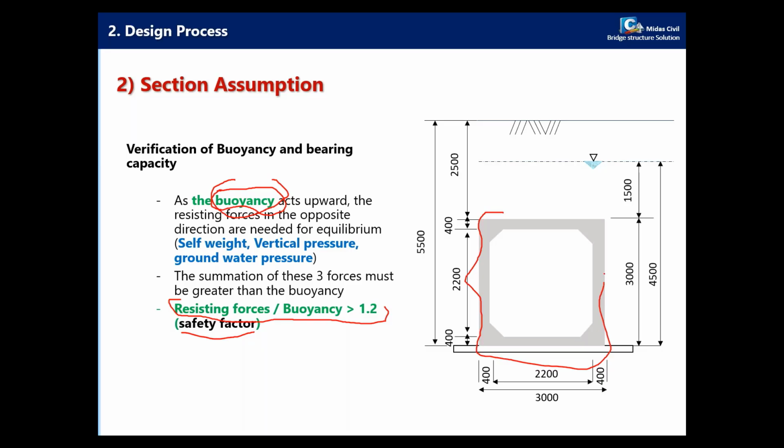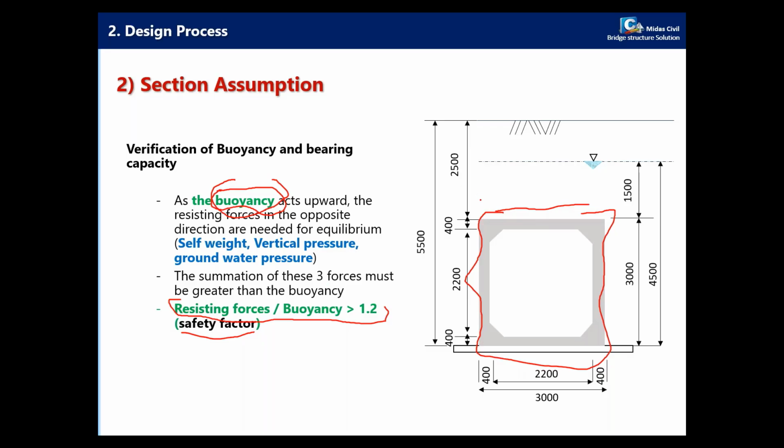Even before the design in the software, you need to predefine the section that you are going to use for the analysis. So checking the buoyancy is really important, because it's going to help you to perform the design. So after performing the design, you are not going to repeat a lot of stuff if the section didn't pass.